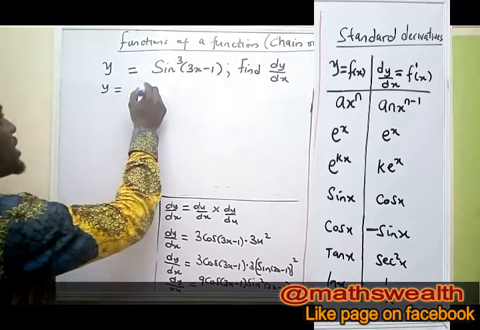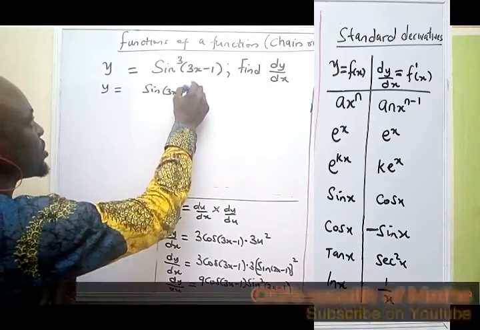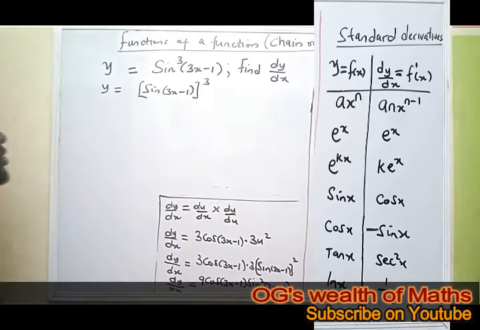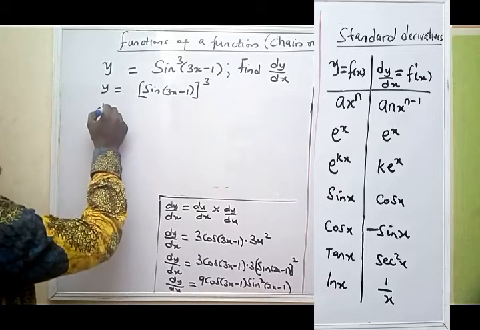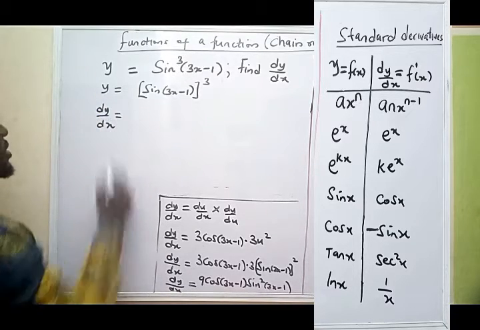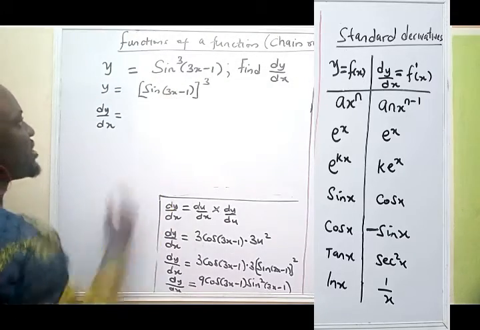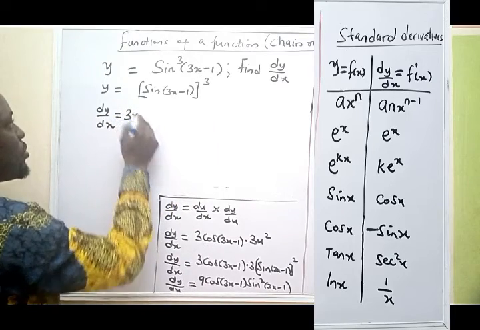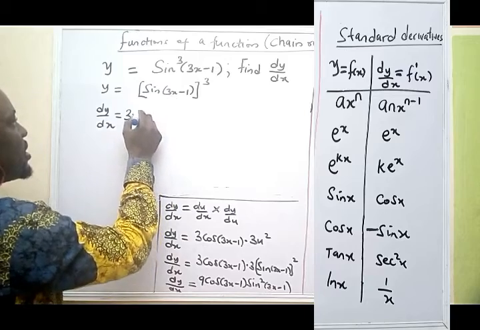Now the short form of solving this problem. I'm going to rewrite this as sine (3x minus 1) all raised to the power 3. So the first thing I'm going to do for dy/dx, I'll bring down 3 first of all, multiply by the derivative of what I have in here, which will give me 3.